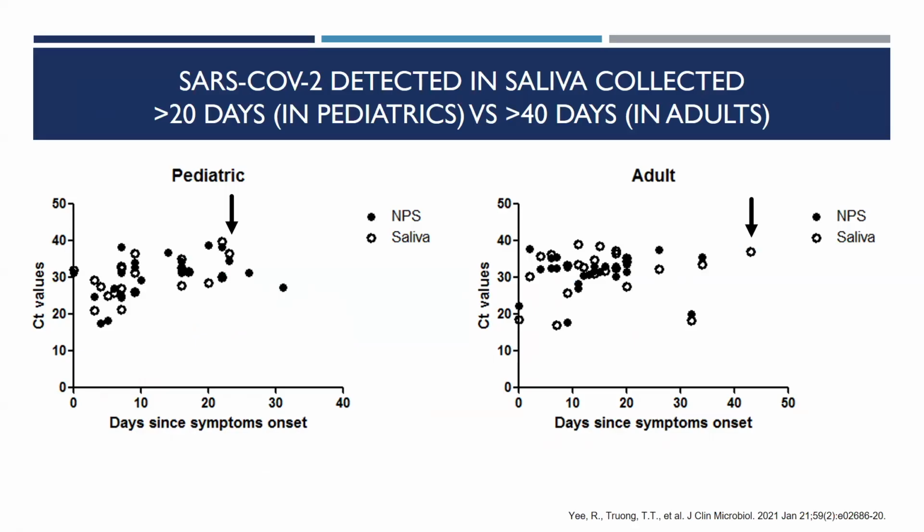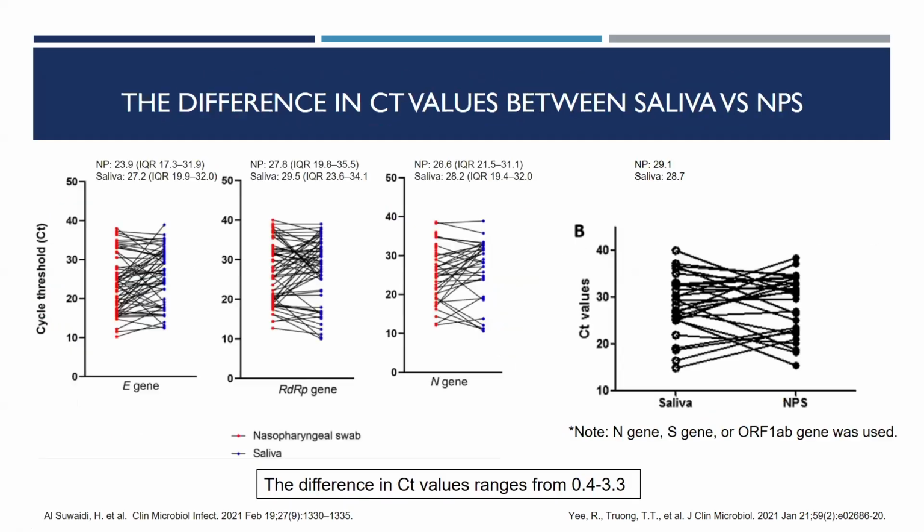So in our pediatric population, when we mapped out detection of NP swab versus saliva, we saw that we were actually able to detect viral loads in specimens that were collected post 20 days after symptoms onset. And then in the adult population, we were actually able to detect viruses even after post 40 days symptoms onset. So once again, this shows that saliva specimens can be stable as well for testing.